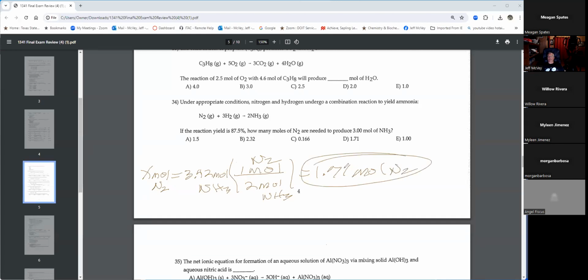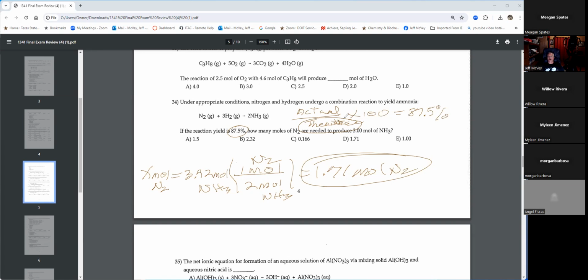So let's see if we can come up with an easy way to do this. Remember that 87.5% is actual over theoretical times 100. Okay. What we're looking for is this, and it's based on the fact that the reaction is 87.5% efficient.